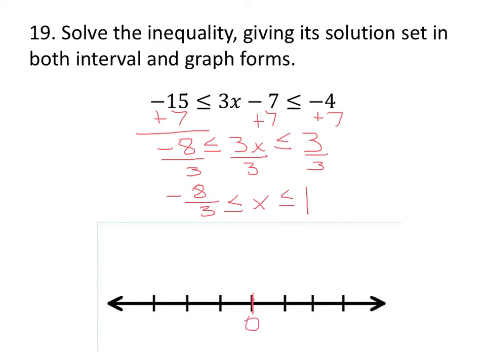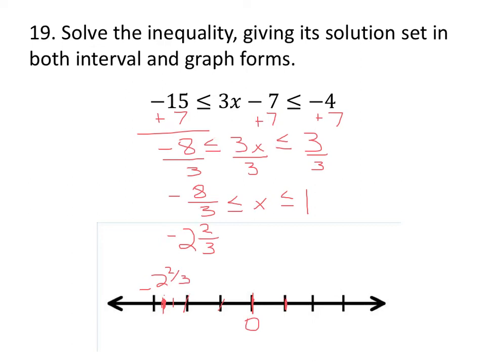And negative 8/3 you should rewrite as a mixed number, because then you can say, okay, there's 1, 2, and 2/3 about. So this is negative 2 2/3 right there. And then 1 is simply right here.